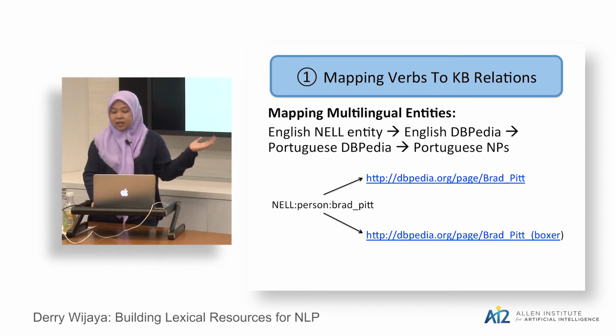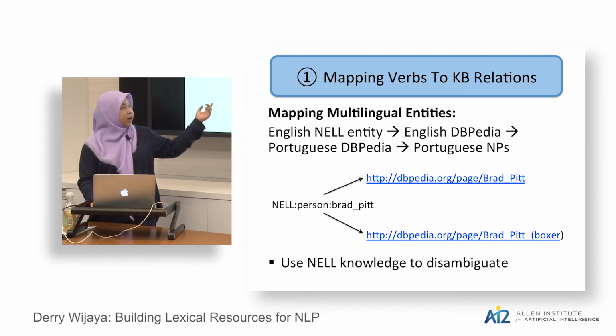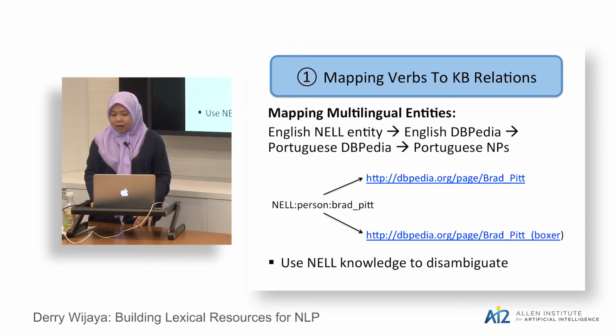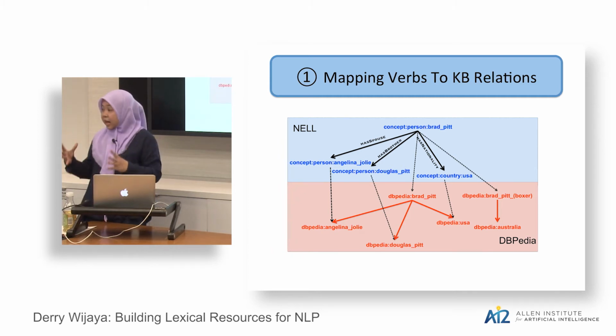But one entity can be mapped to several possible Wikipedia pages. For example, Brad Pitt could be Brad Pitt the actor or the boxer. So the way we disambiguate it, we use the NELL knowledge to disambiguate. And the idea is that relatedness in the NELL knowledge base implies relatedness in the Wikipedia page.